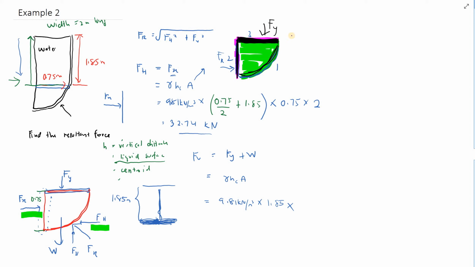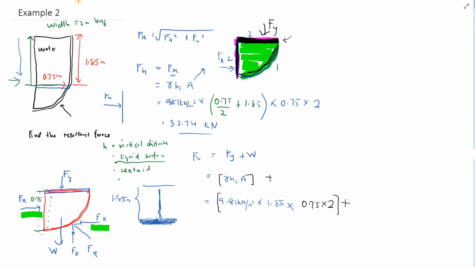You are only interested in this surface. So what do you have? You will have 0.75 times 2. This will give you the Fy. Next, we look into the W. Not complete yet, the answer.